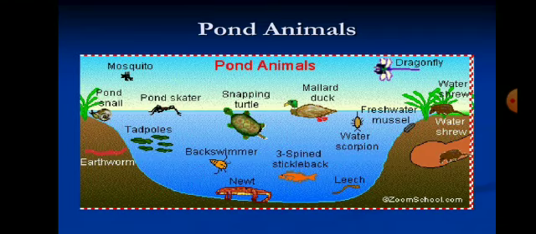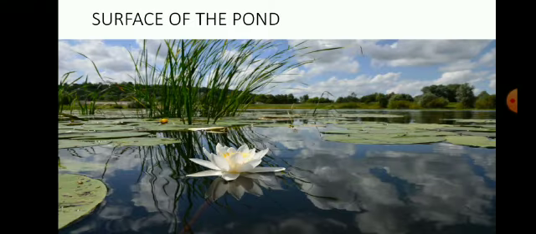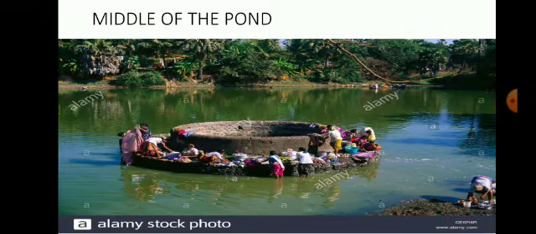Now in our lesson we are going to know which animals are present on the surface and which animals are present in the margins of the pond, and which are present mid of the pond and which are present at the bottom of the pond. Now you can see here children the image of a surface of the pond. Now here you can see middle of the pond image. Next here it is the bottom of the pond.